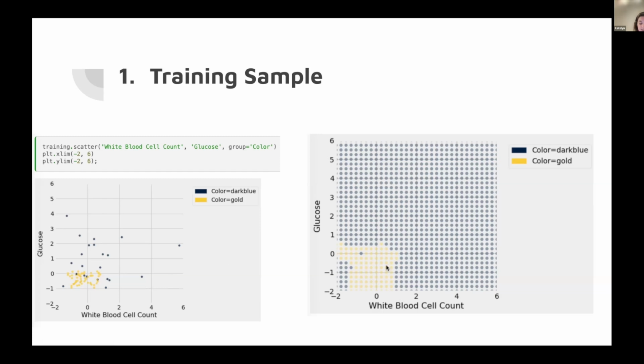And on the right side, this is our decision boundary. It allows you to place the test data over top of it to compare it to the training data and see if it's accurate or not. So that's basically what we're going to do. We're going to graph the testing data and put it over top of this graph to see if our classifier is accurate based off of the training set. Hopefully that makes sense.